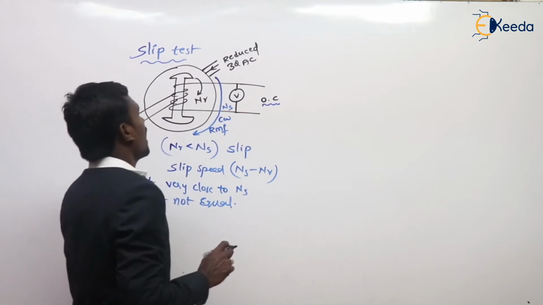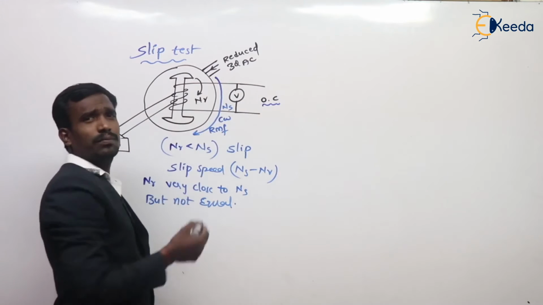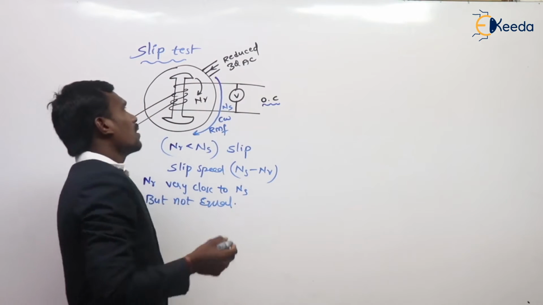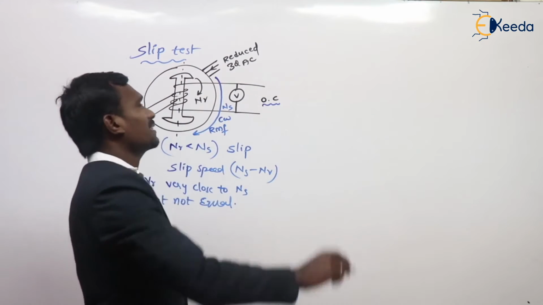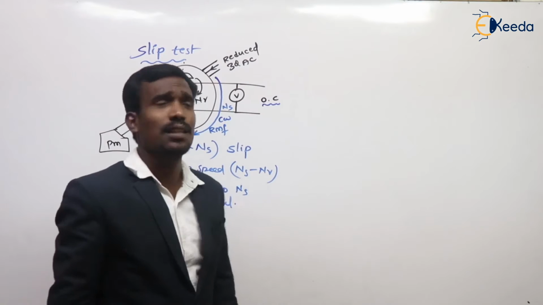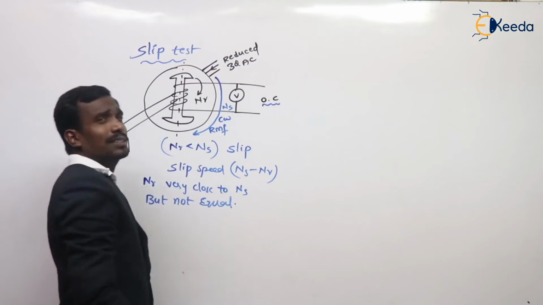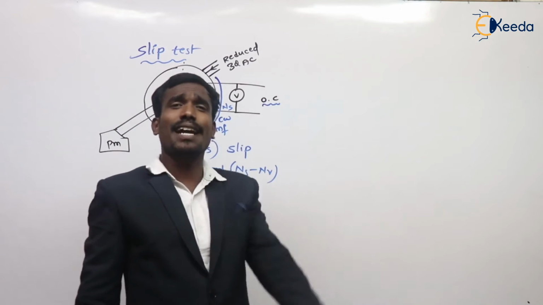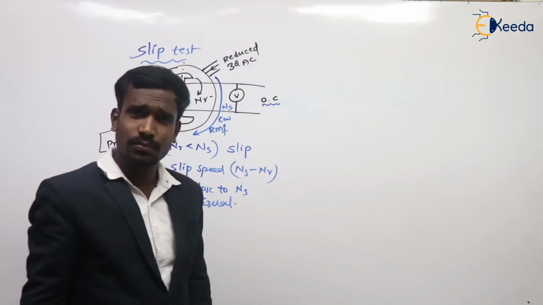And next, actually here the poles are rotating with some speed. This axis is taken as the D axis and the other axis is taken as the Q axis. When the stator poles and the rotor coincide, that is taken as the D axis and the other axis is taken as the Q axis.